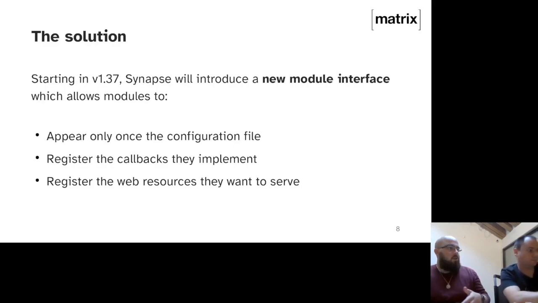Another issue is that if you allow a module to implement many types while removing the notion of a module type, you might accidentally add a method in your Python class that happens to have the same name as what would be expected as a callback. We're fixing that by having modules, in the constructor of the class, proactively register the callbacks that they're going to implement, and the same thing for the web resources that they want to serve.